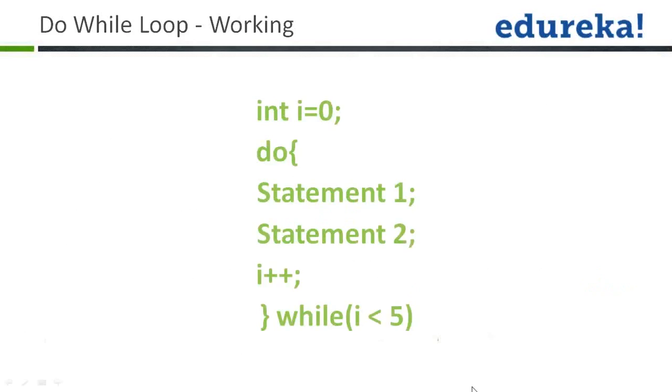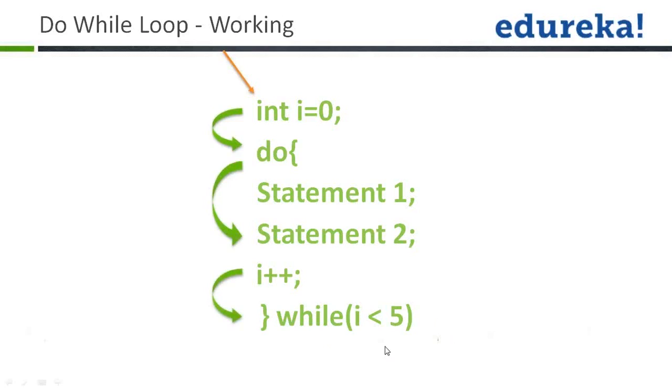Now, let's see the diagram and understand the working of a do while loop. First, initialize the value of I, that is, initialize a variable that will be considered as the counter of the do while loop. Then move inside and execute the statements right here. After that, increment the value of I and check the condition right here.